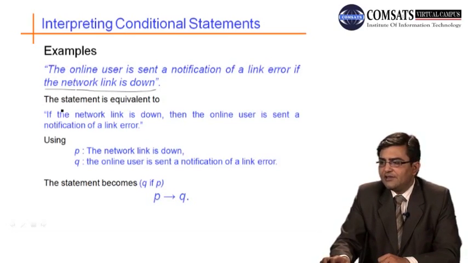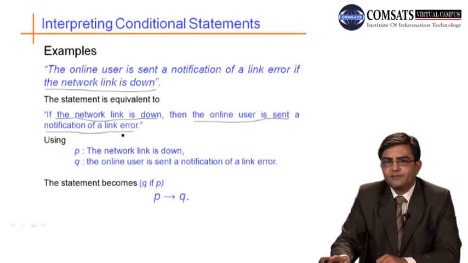So the above statement can be written as, if the network link is down, then the online user is sent a notification of a link error. If we say that this is a proposition, the network link is down and the online user is sent a notification of a link error.